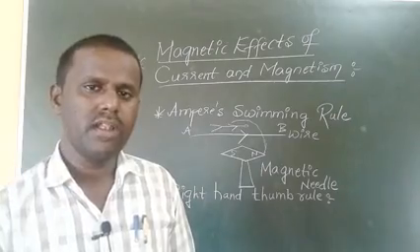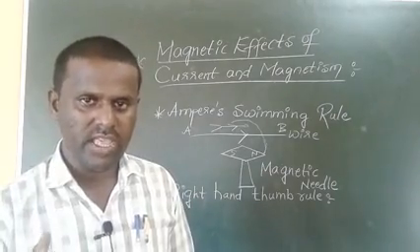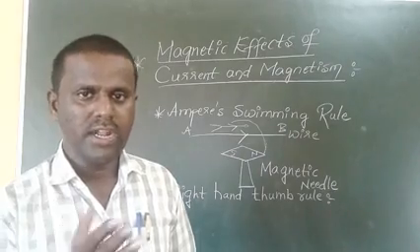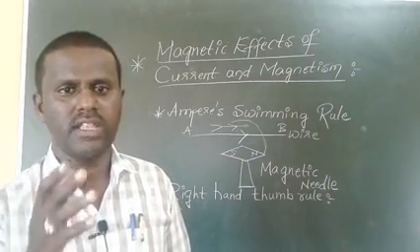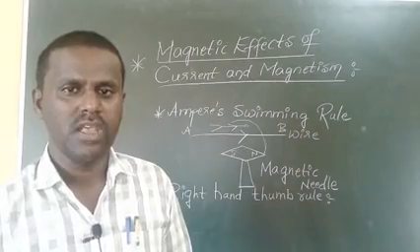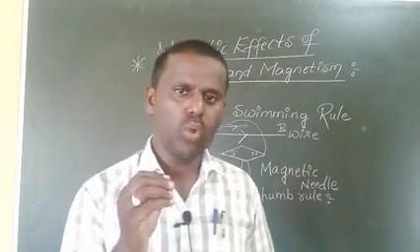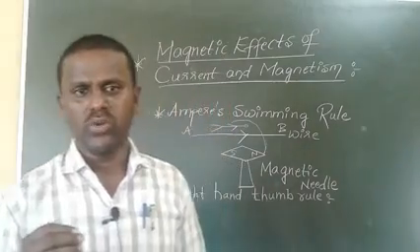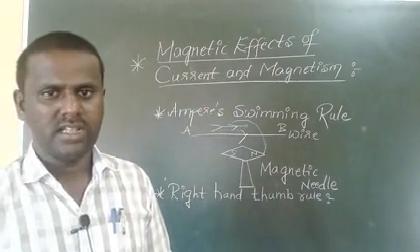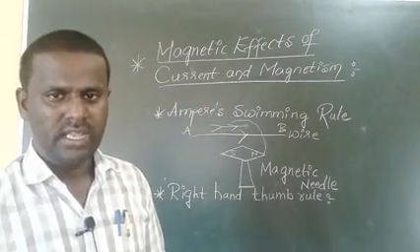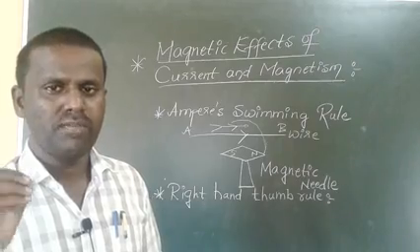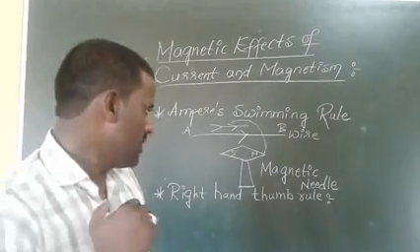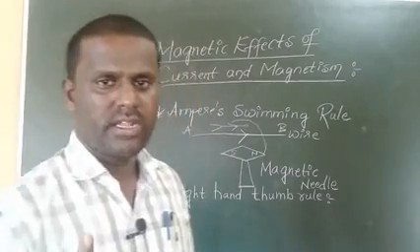For example, if an iron metal is placed near a magnet, there will be a force of attraction. If gold or silver is placed near the magnet, there will be a weak repulsion from the magnet. That will be known to you in the next classes.